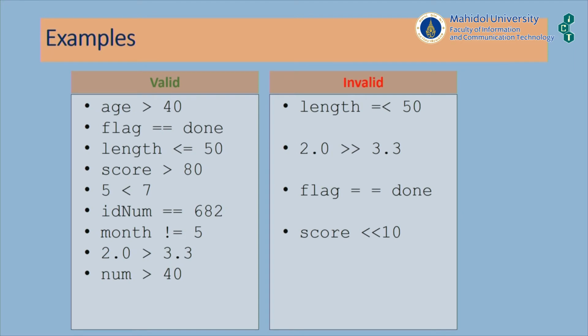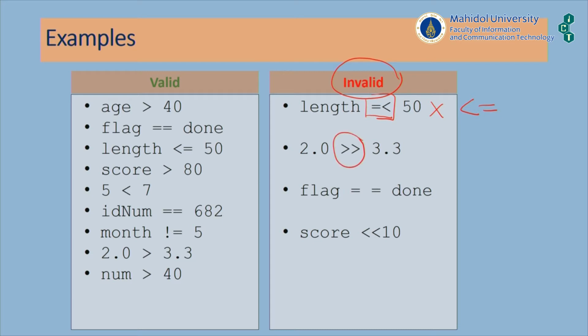So let's have a look at another example. Look at the right hand side, it's invalid. Can you identify why it's invalid here? The first one, is it a valid operator? No. If you want to say less than or equal, you need less than and then an equal sign here.